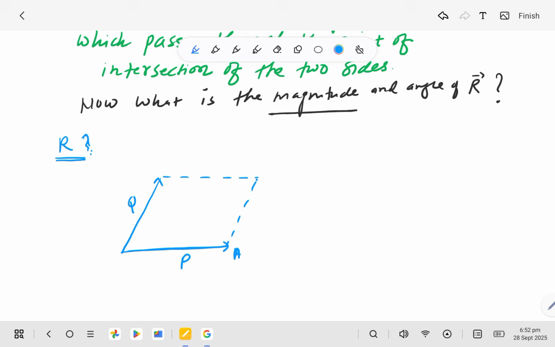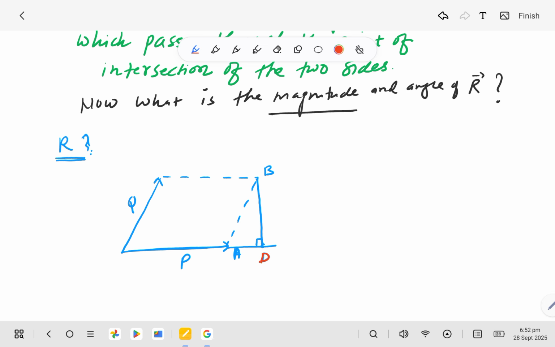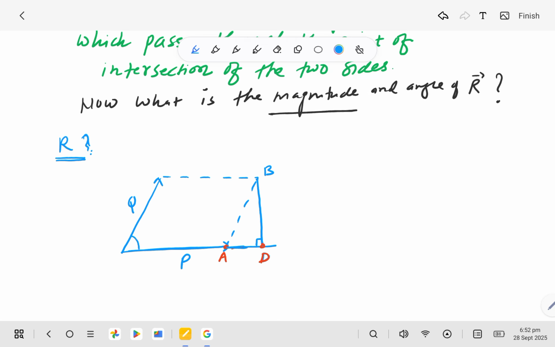So now this point is, let's say, B, and if I draw a perpendicular on this axis, then this is a 90-degree angle here, and let's say this point is D, and up to here this point is A, and this is theta.